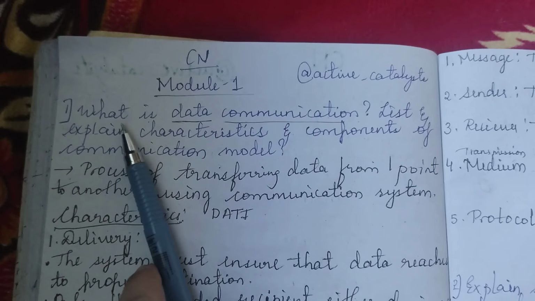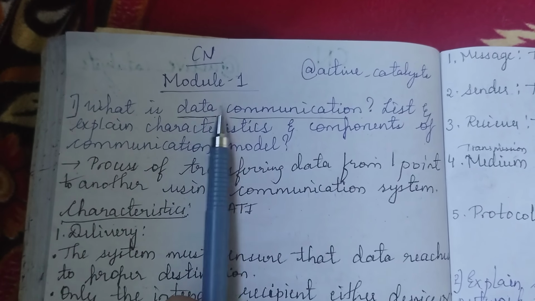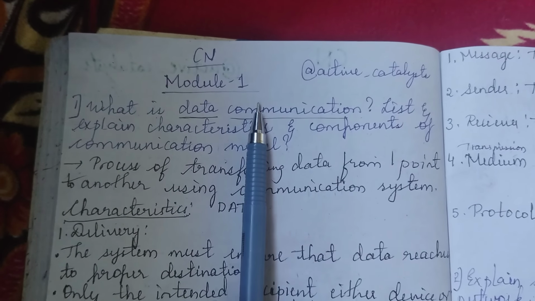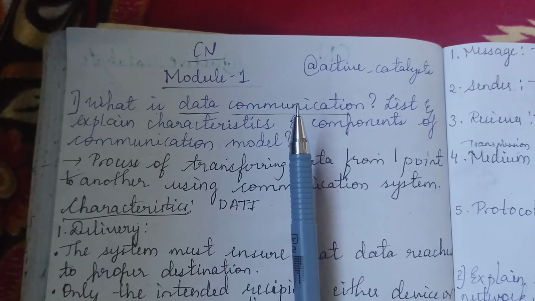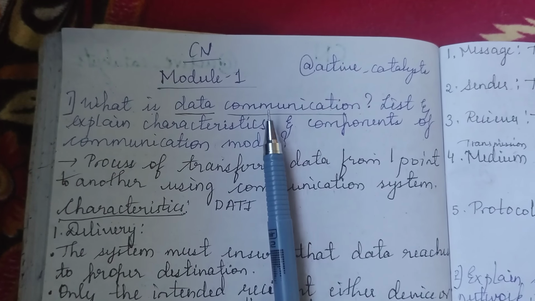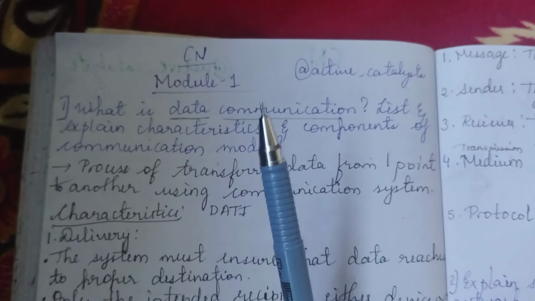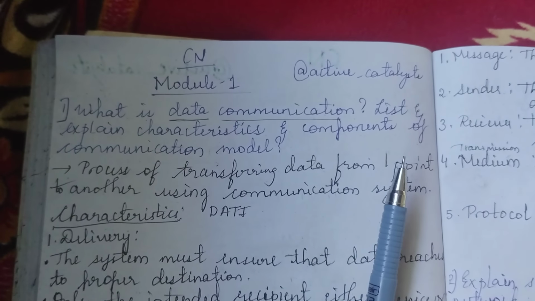Okay, first question, this is taken from the paper. What is data communication? List and explain characteristics and components of communication model. Also do not worry about whether this much content is enough or not; I have written according to the scheme of evaluation only.